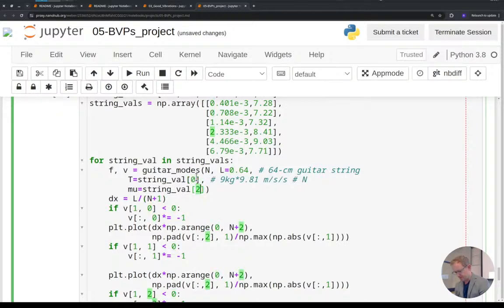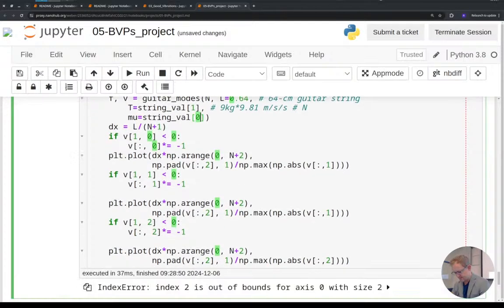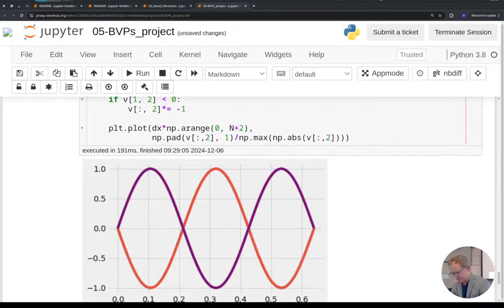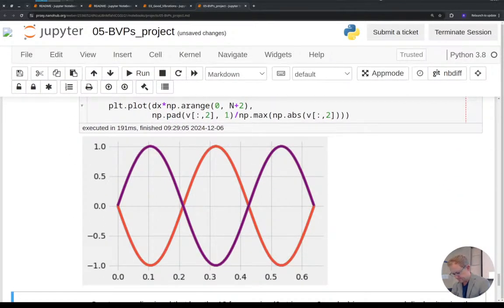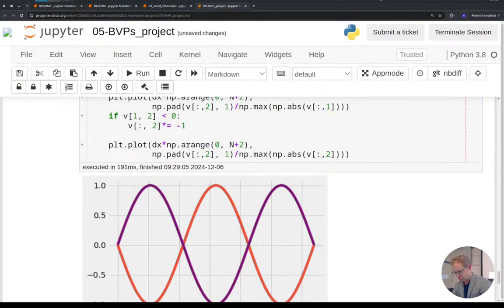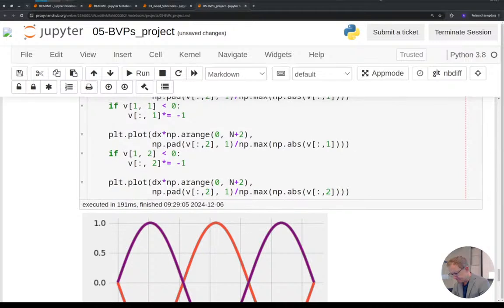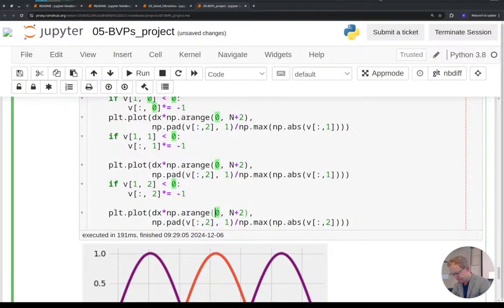This should be 1 and 0. Oh, and then we've got to plot 0, 1, and 2.